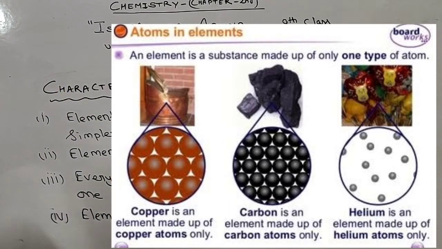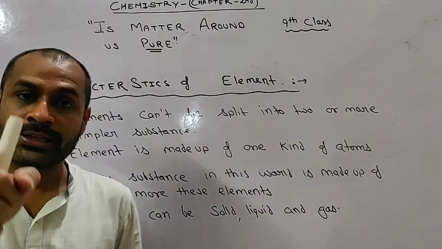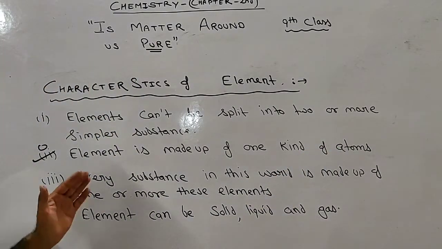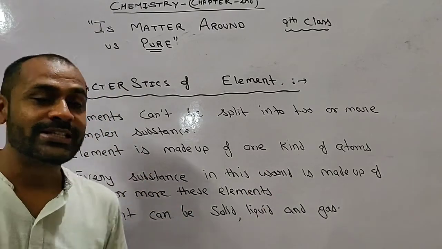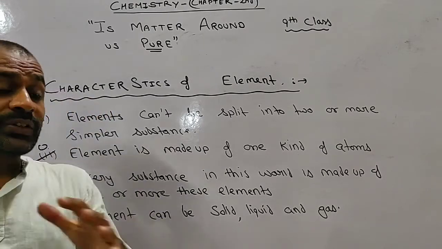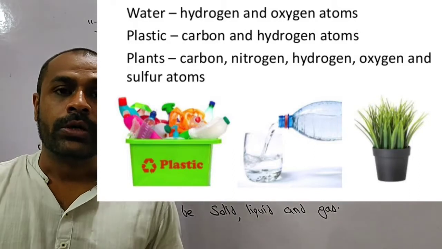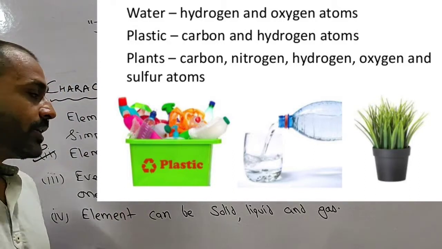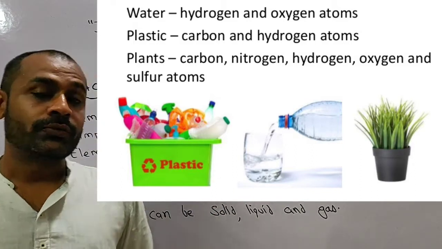That is very important, and this makes the difference between the atom and the element. The third one is that every substance in this world is made up of one or more of these elements. There are so many things lying around you, and you will see these things are made up of either one element or a combination of many elements.